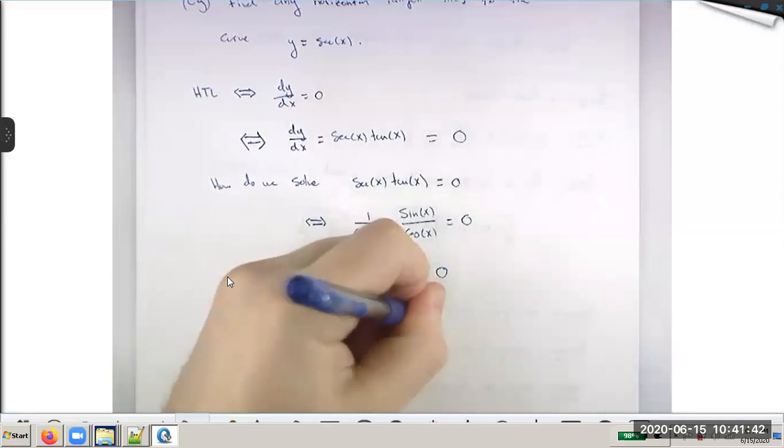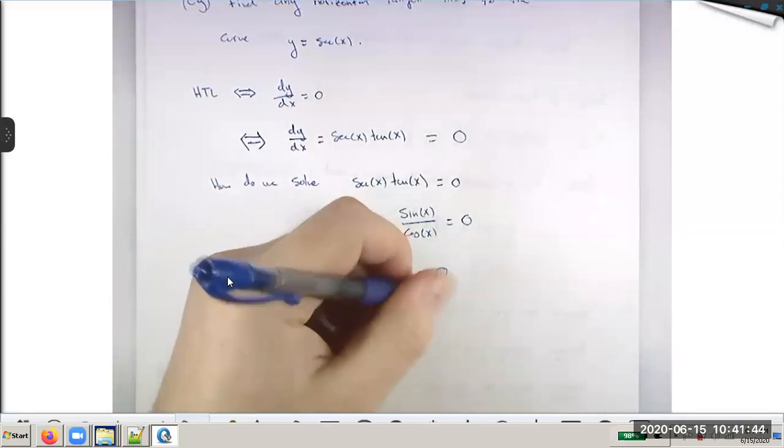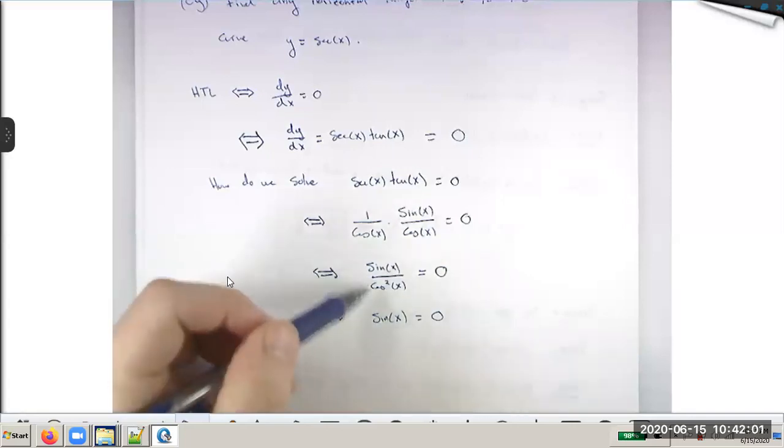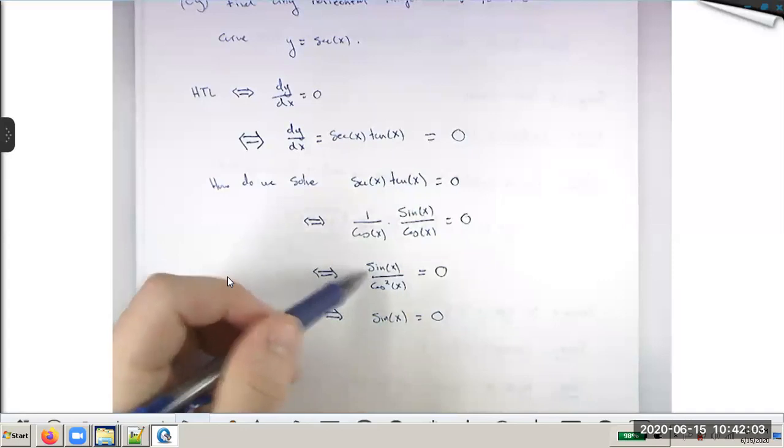So you can think of it like I'm multiplying both sides by cosine squared, and that just gives me sine x equals 0. For the purposes of equation solving, that's fine. Or you could think of it like this: the fraction will be 0 whenever its numerator is 0.